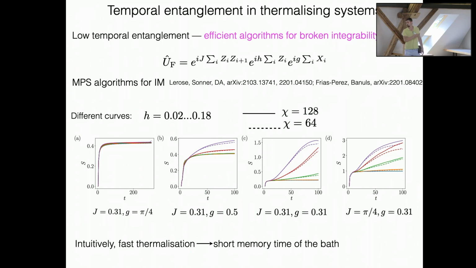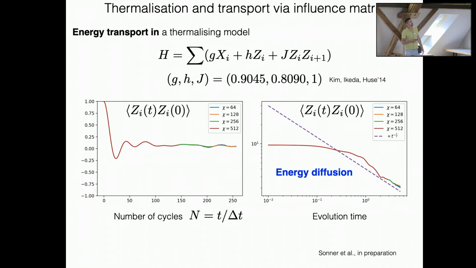But this is just intuition, so we don't have a formal proof for that, and we don't know actually if this is true generally. And this makes this approach useful, for example, if you want to describe thermalisation and transport in strongly interacting systems.